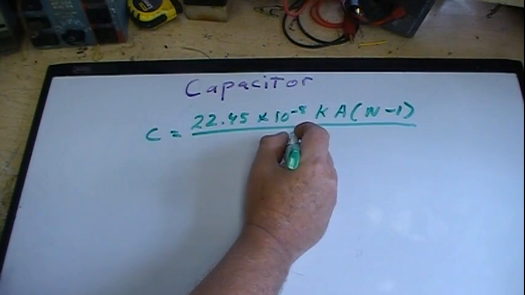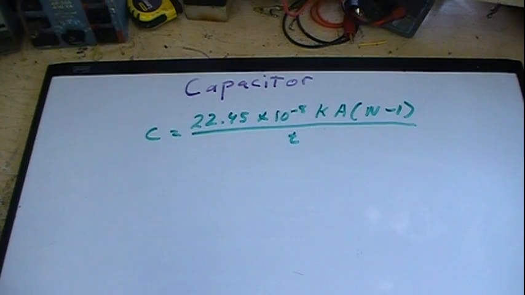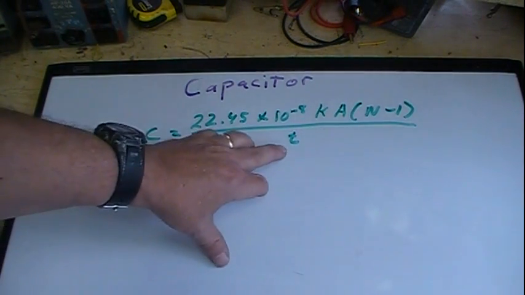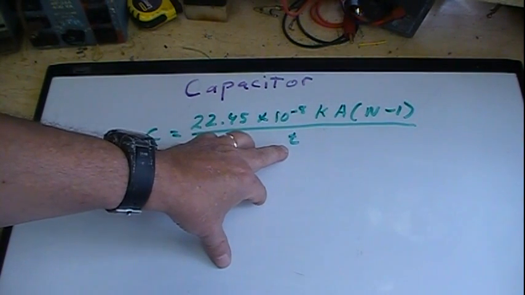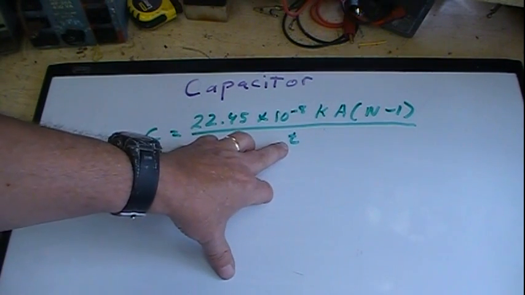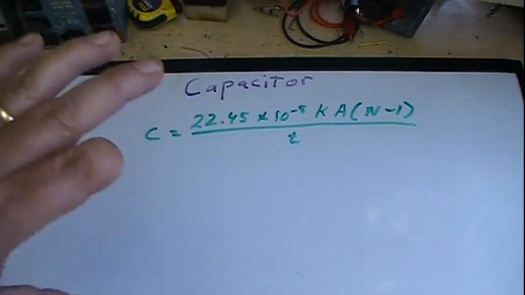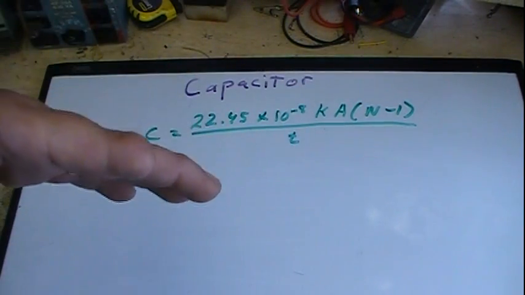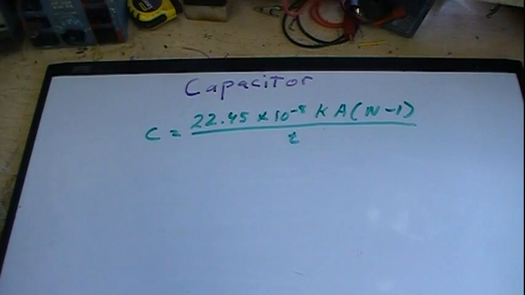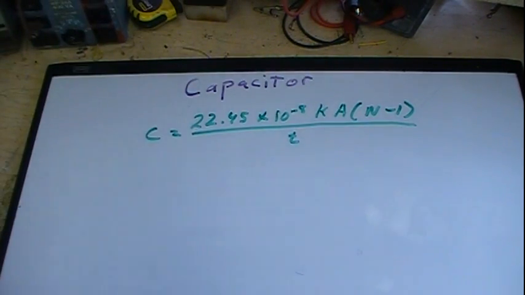This is all divided by T, thickness or distance. It's basically the thickness of the dielectric, because the plates are right up tight to the dielectric. In some cases it may actually be painted on, like a lot of micas and ceramics. They just paint or deposit the plate right on the dielectric.